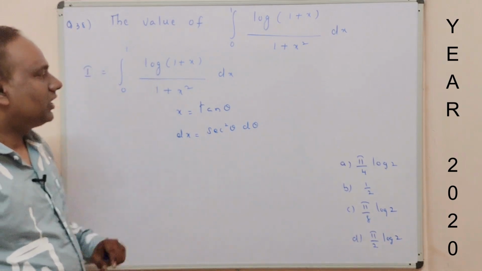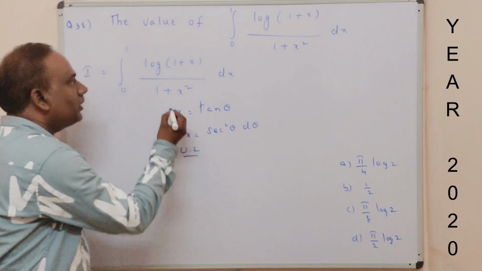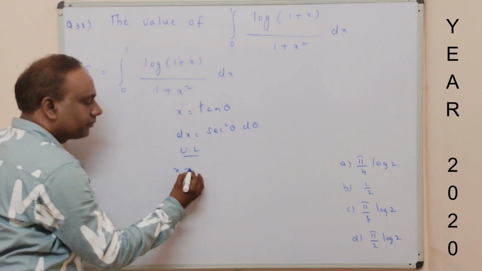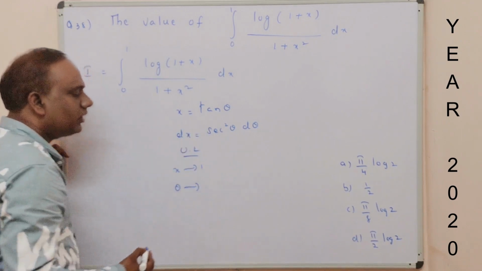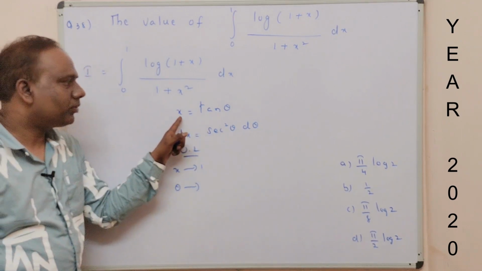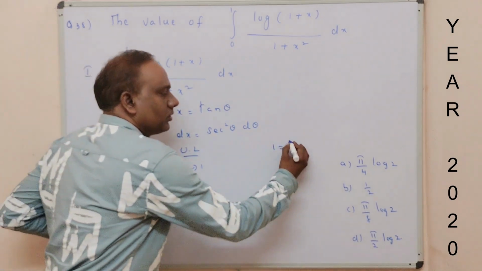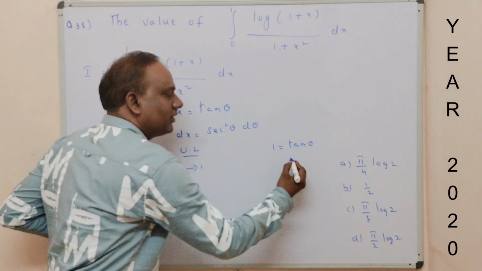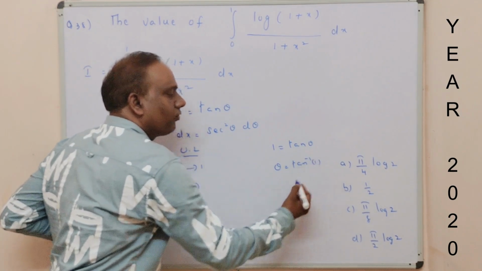Now the limits. Upper limit: x tends to 1, then theta tends to, substituting 1 in the place of x, 1 is equal to tan theta, so theta is equal to tan inverse of 1.